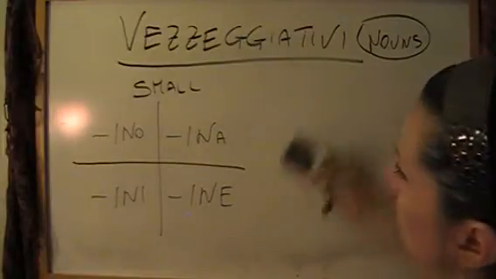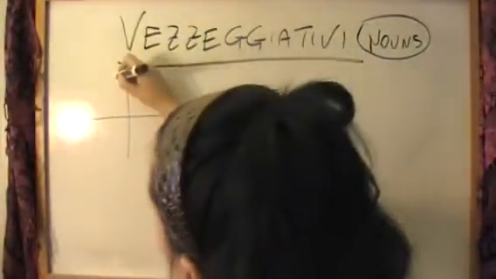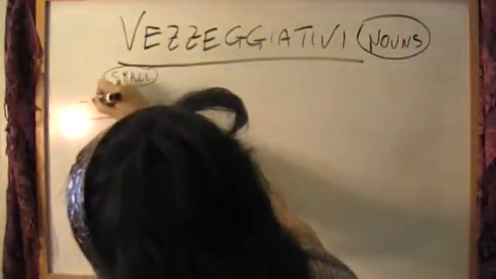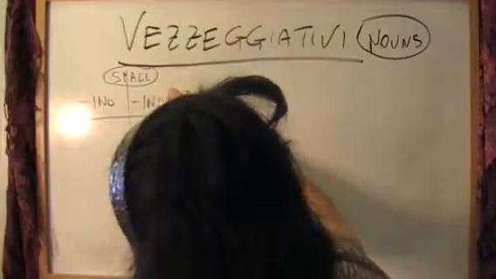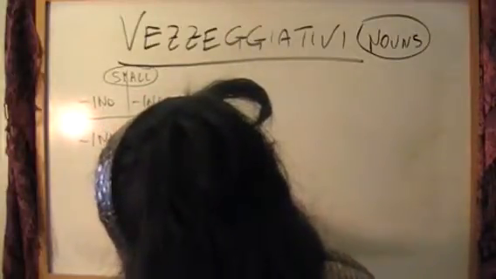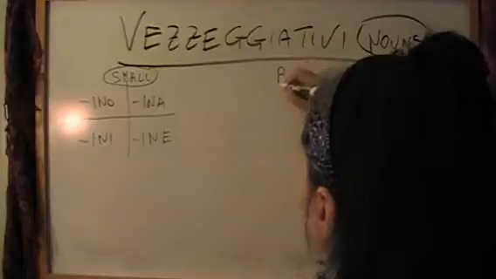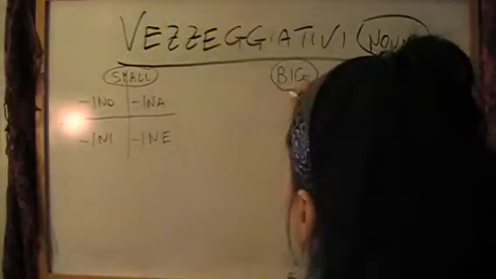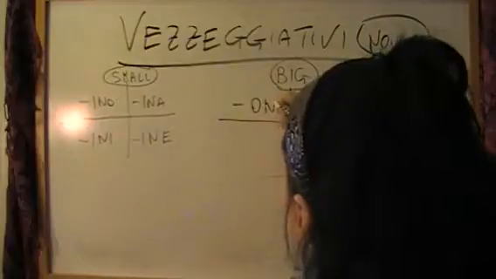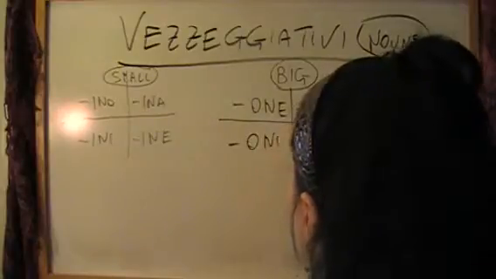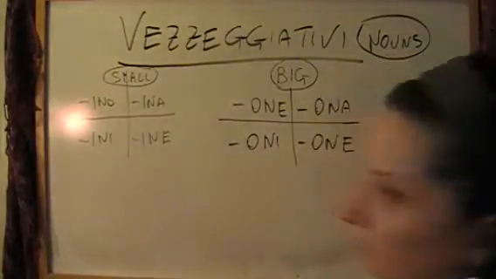Okay, let's write them all, because there isn't only small, there are four. Let's write and then I'll explain. For small: masculine singular ino, feminine singular ina, masculine plural ini, feminine plural ine. For big: masculine singular one, feminine singular ona, masculine plural oni, feminine plural one.